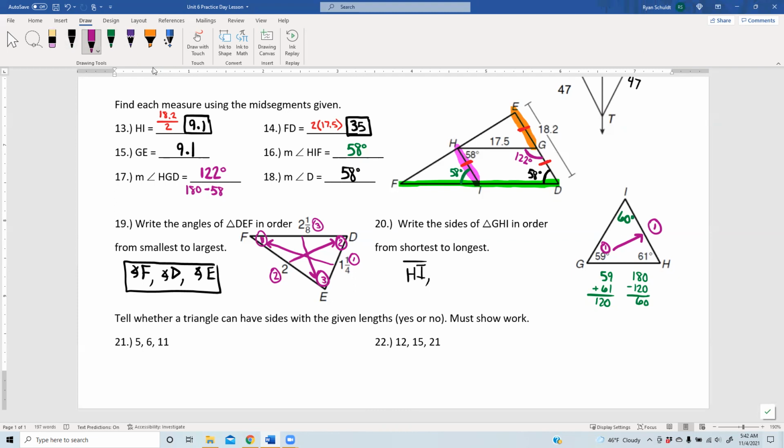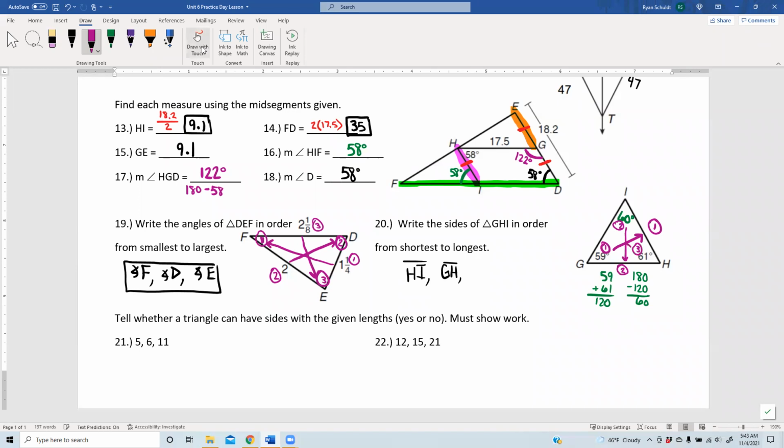Okay, next. Well, I've got 60 up here. Go across from it. That's our second smallest. GH. And then last but not least, we have 61. That's our biggest angle.